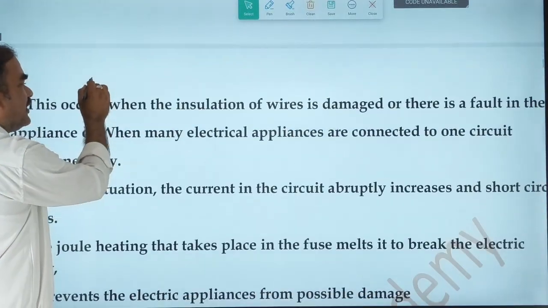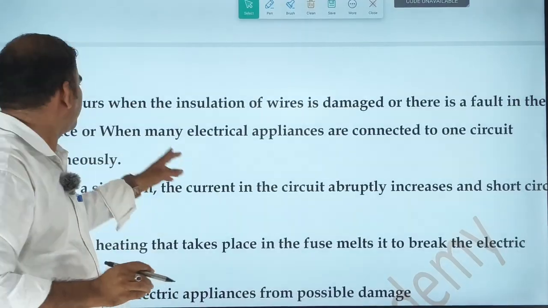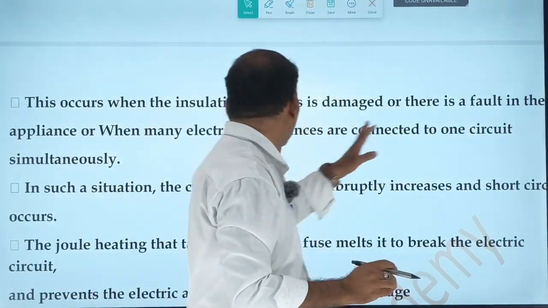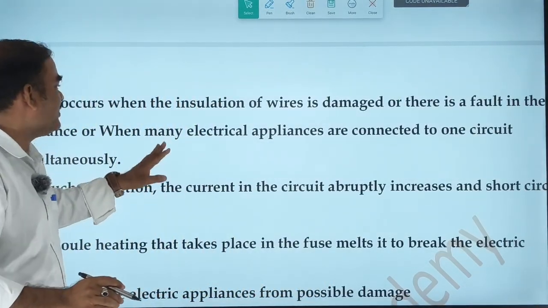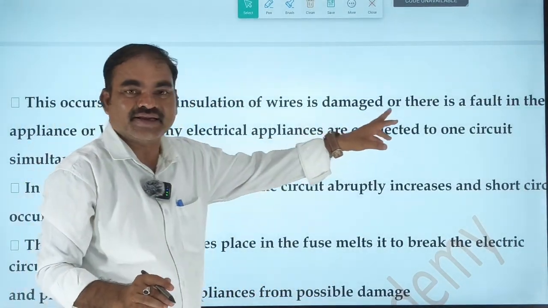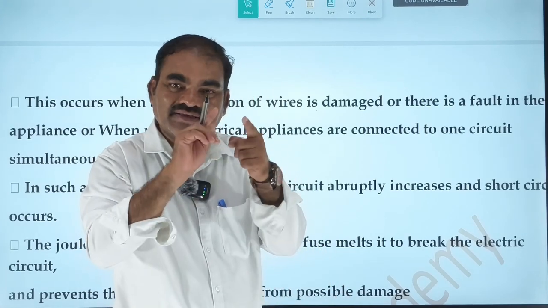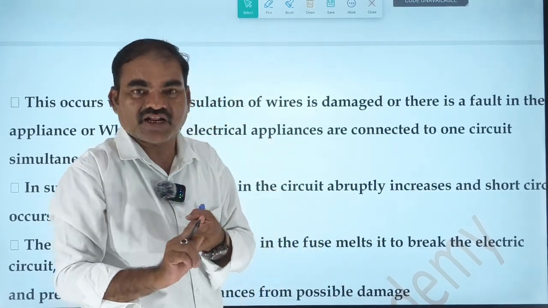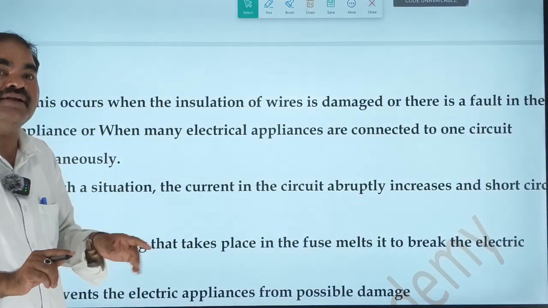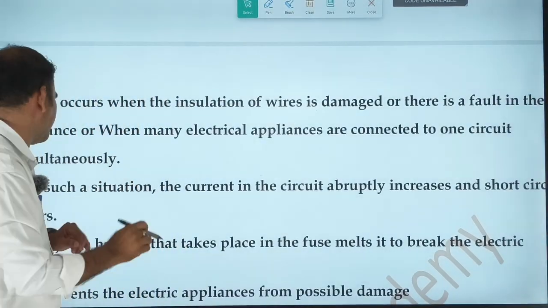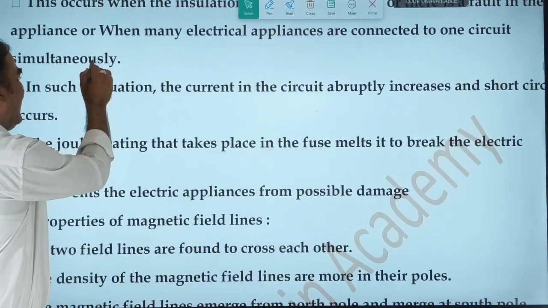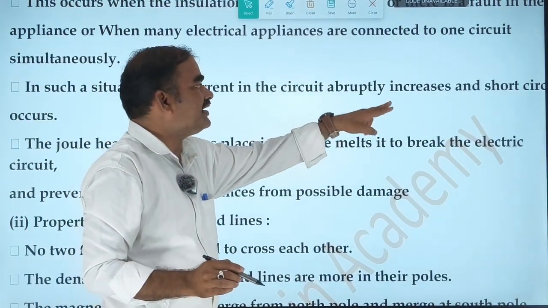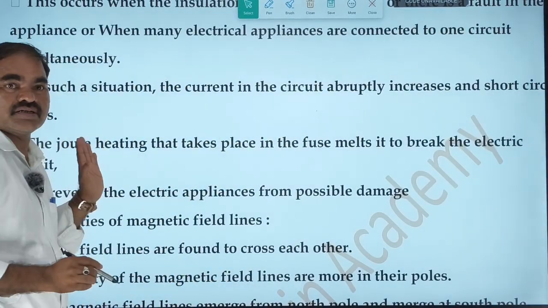And second one, this occurs when the insulation of the wire is damaged or there is a fault in the appliances, when many electrical appliances are connected in one circuit, or either wire is damaged or comes in contact with the neutral wire and live wire, and any appliance is damaged. In such a situation, the current in the circuit abruptly increases and a short circuit occurs.